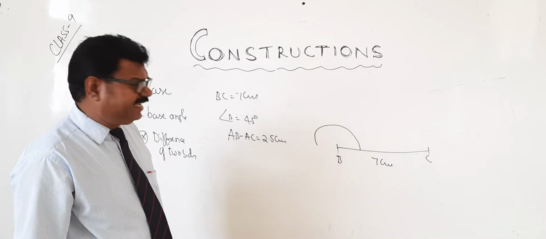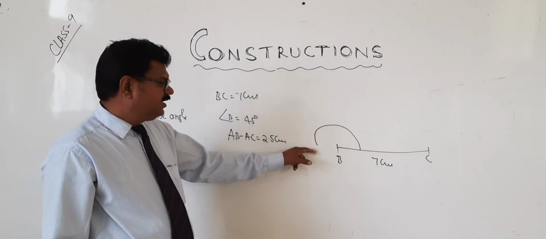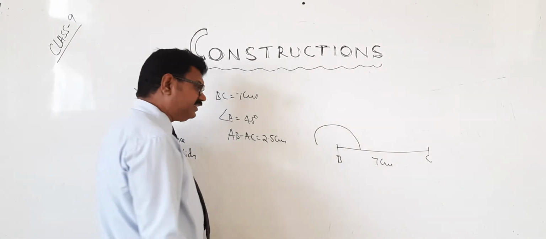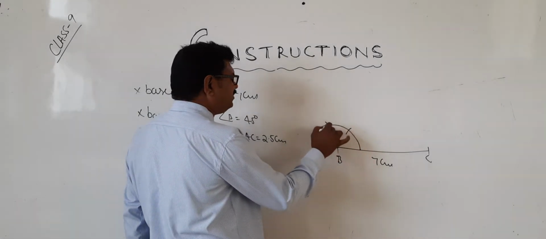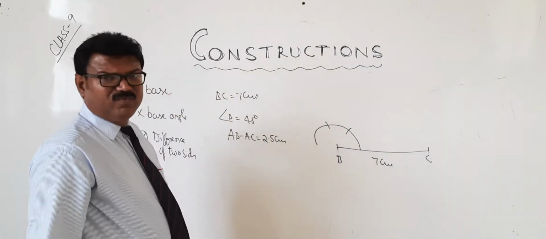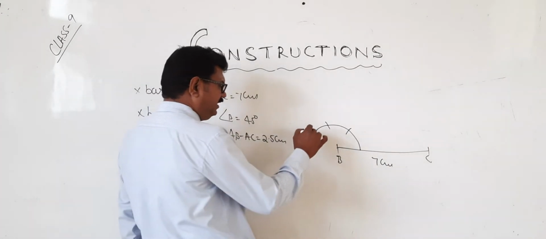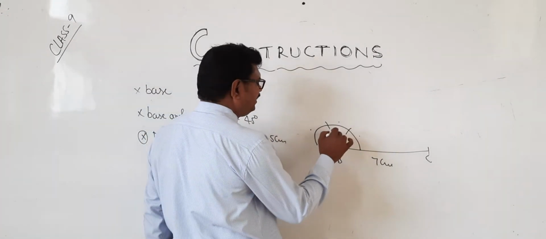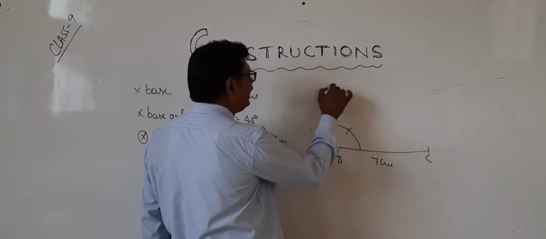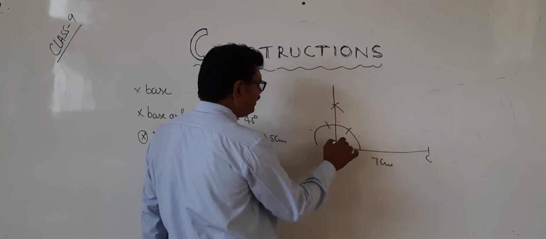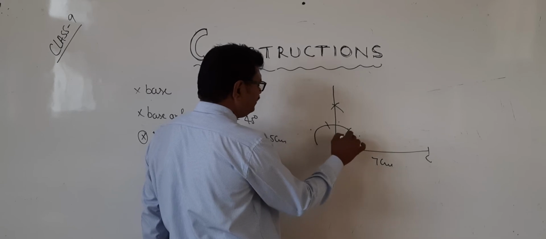Draw a semicircle. Next, keeping the compass point on one end, you divide this. Here 60, here 60, here 60. From here again you do like this. Again from here you do like this. This is nothing but 90 degrees.